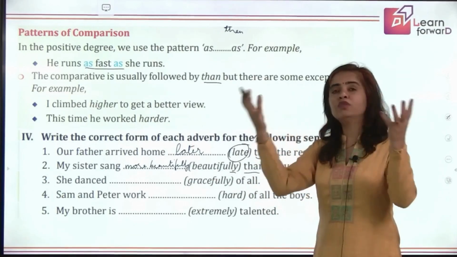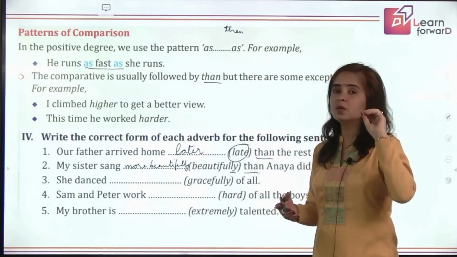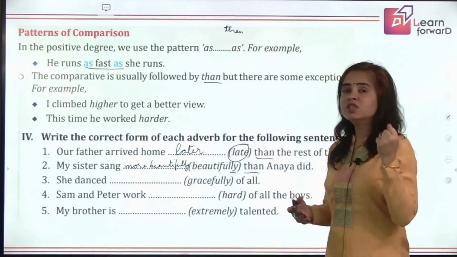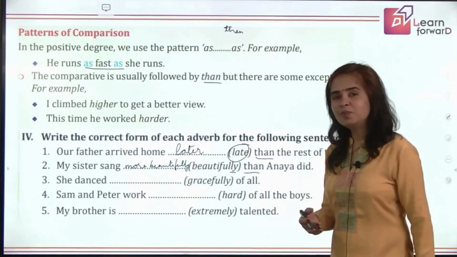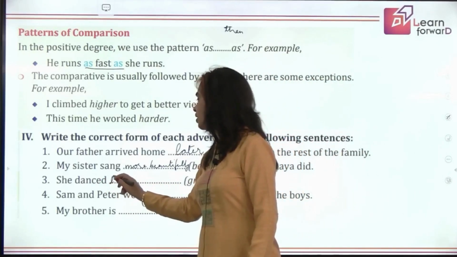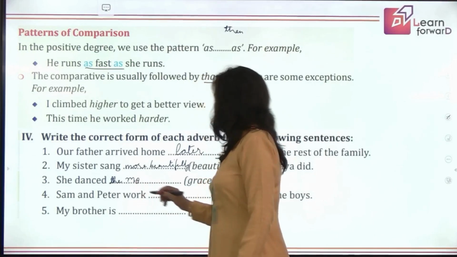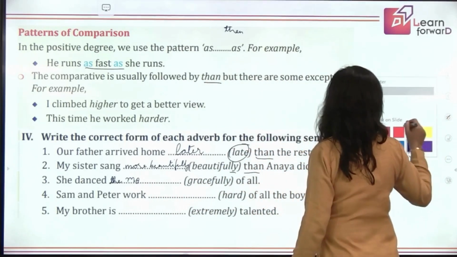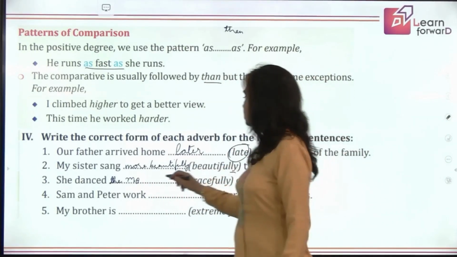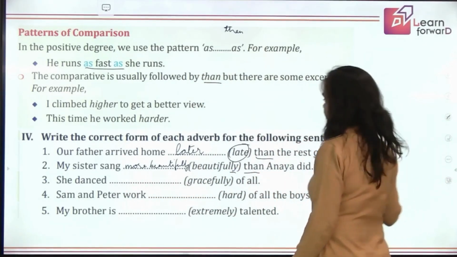That means out of the whole lot, we are just picking out, choosing the one, selecting the one. So, this is which degree, children? Yes, perfect. That's superlative degree. So, what will you say? She danced the, sorry, will not use the here. She danced most gracefully of all.